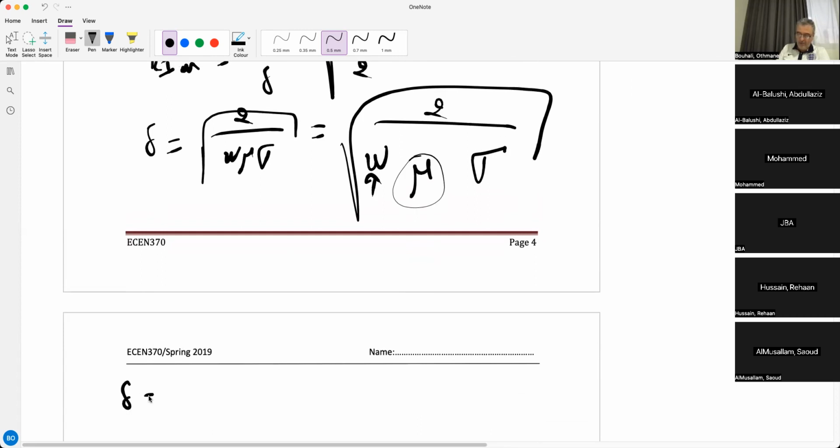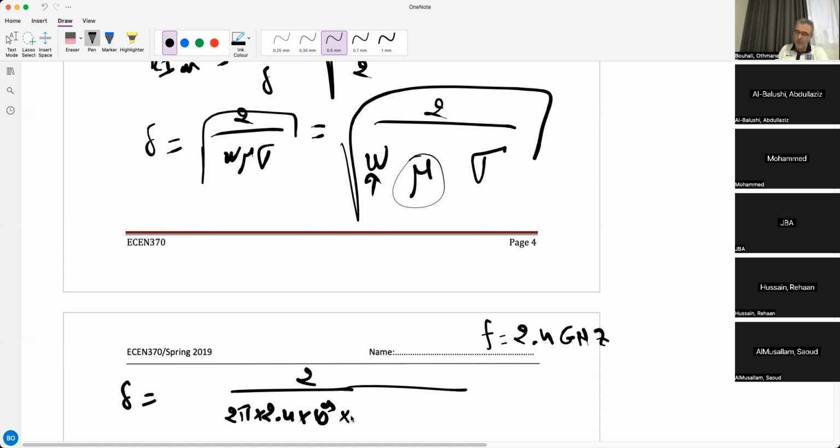So the skin depth will be 2 divided by the angular frequency, omega, which is 2 pi times 2.4 10 to the 9, because remember we said that the frequency is 2.4 gigahertz. This is what I gave, okay? Times mu.